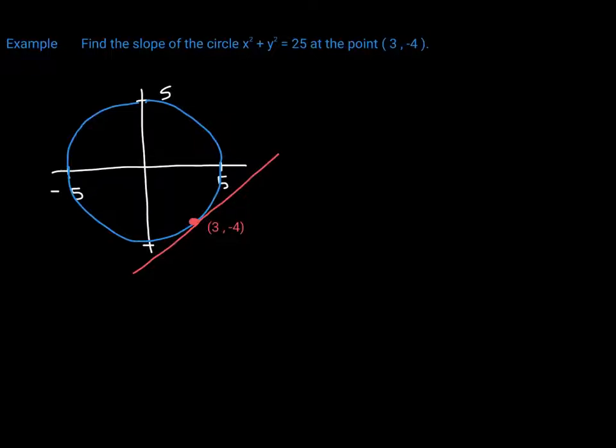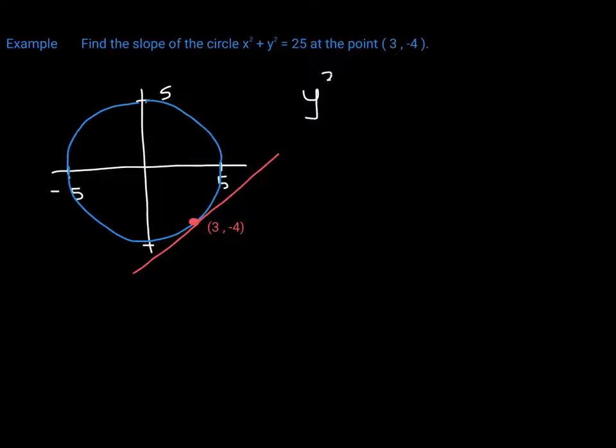This is not implicit differentiation, but I just want to contrast solving for y and writing y explicitly in terms of x and finding the slope. I'll go ahead and do the long way, and then I'll show you implicit differentiation, and hopefully you see, oh, implicit differentiation is way better. That's my hope.